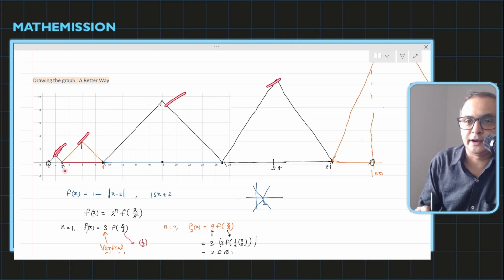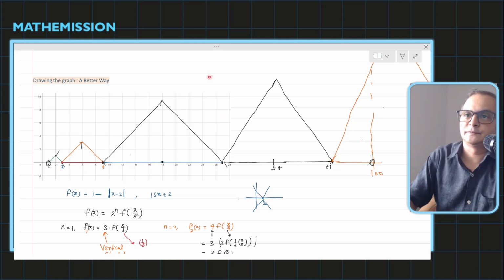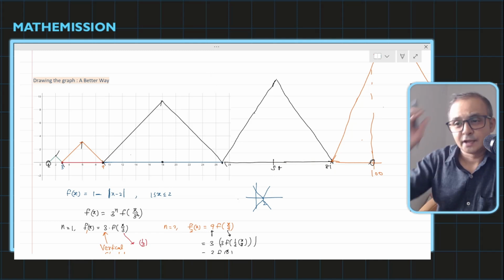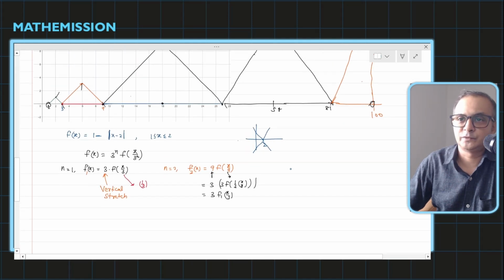So 1, 2, 3, 4, and now these are the interval ends. So there will be 3, 9, 27, and 81. So again 8 you can find like this. Even if I increase this value up to 1000, you can simply find the relation and get the idea how this is going to be.